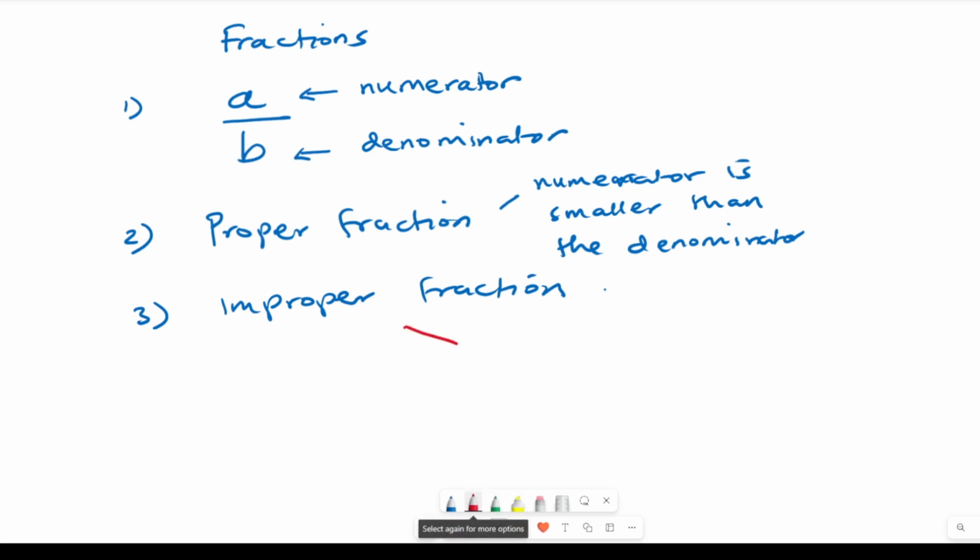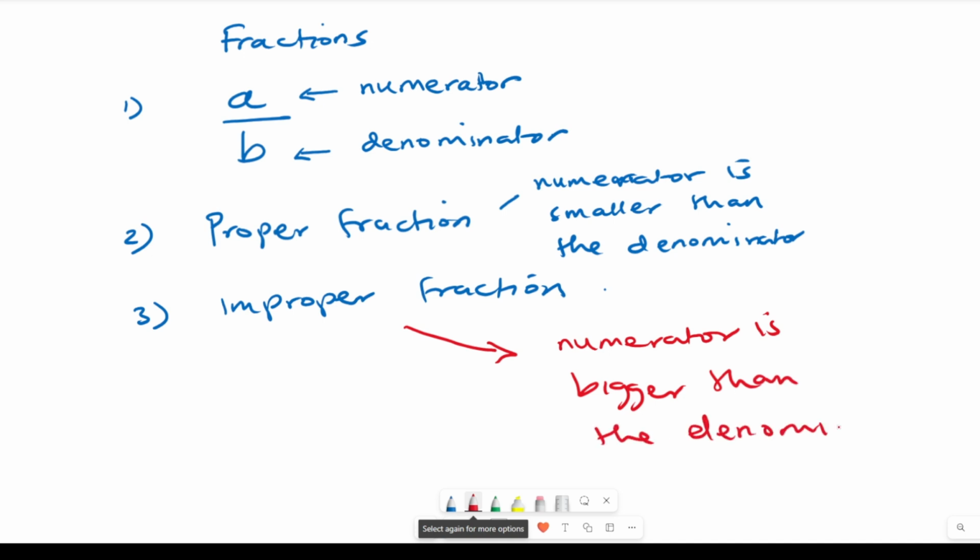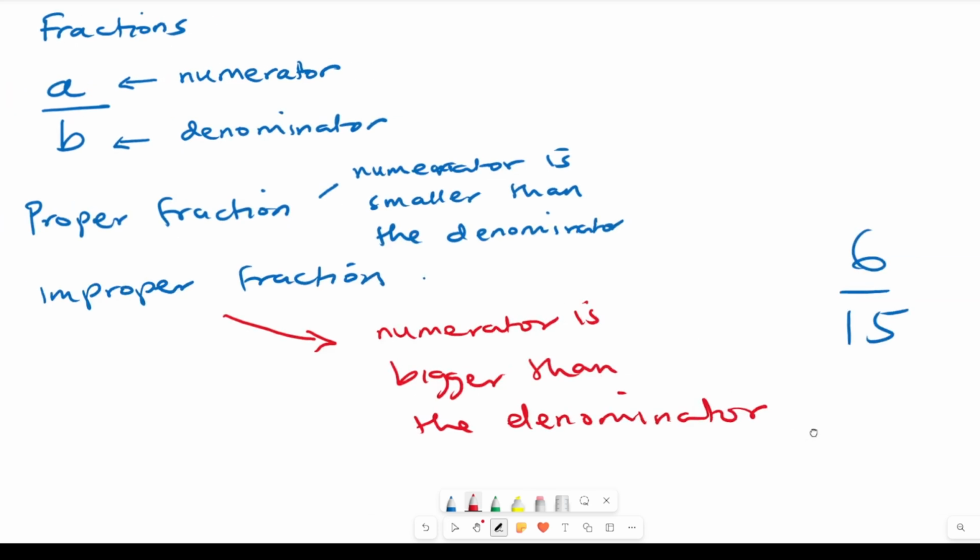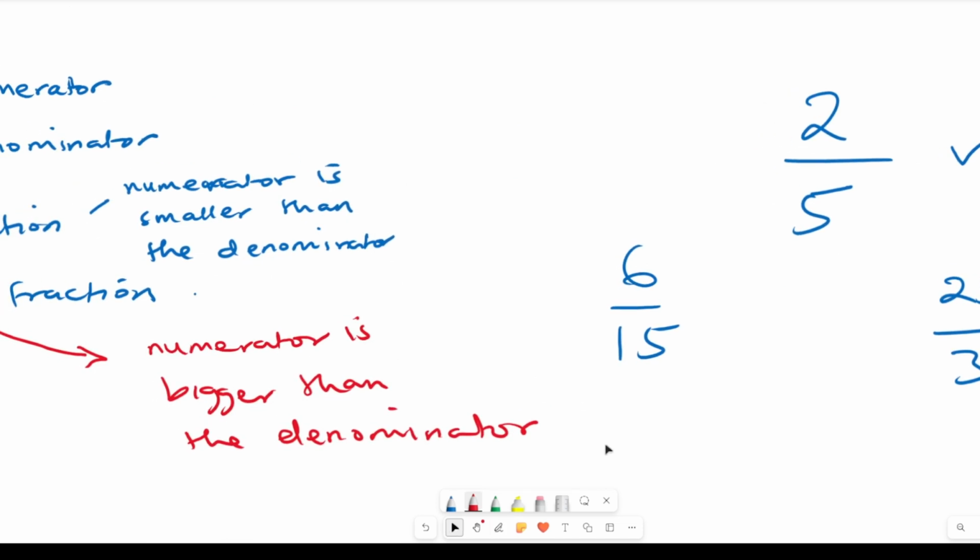So logically, an improper fraction will then be a fraction where the numerator is bigger than the denominator. Okay, a fraction where the numerator is bigger than the denominator. That is an improper fraction. It's not right. Okay, now look at something. If you are going to sit on top of me, then I should be stronger than you, isn't it?